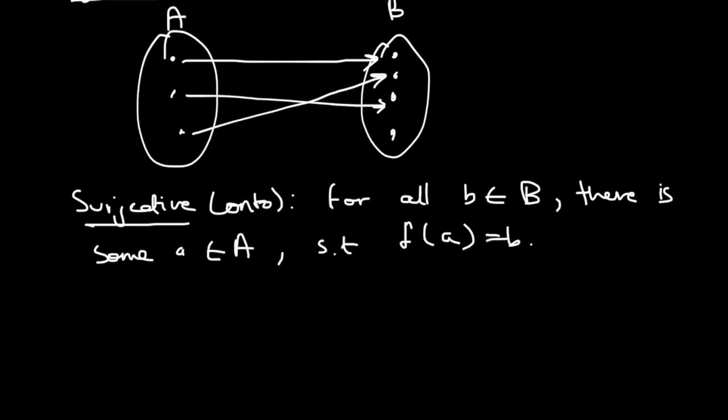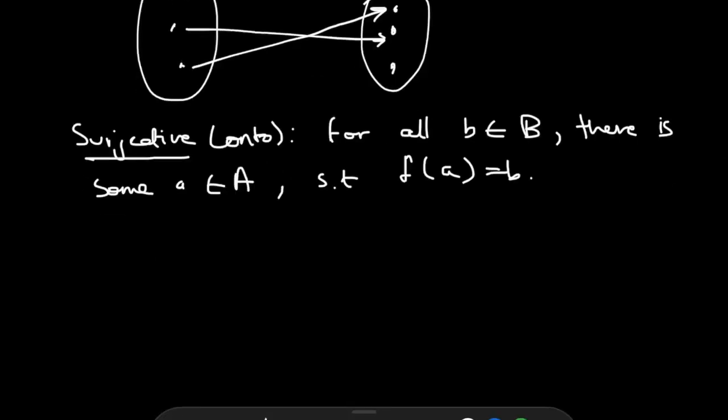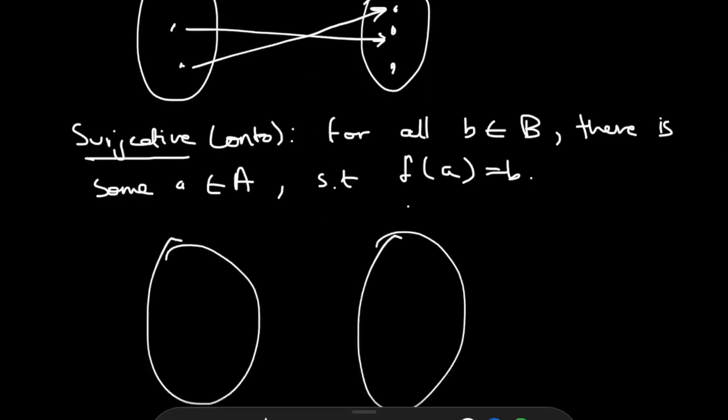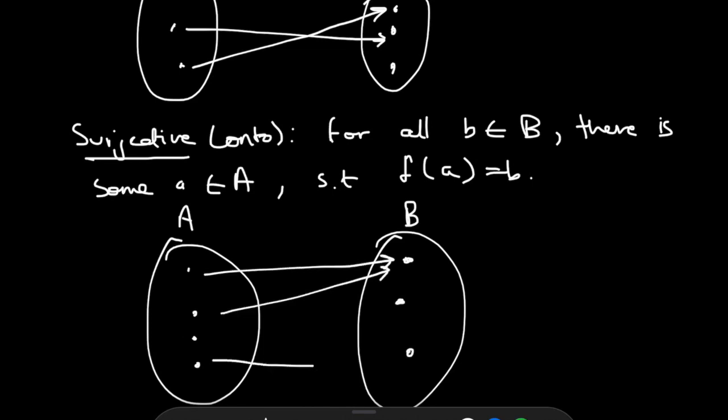So this means that each element of the set B needs to be mapped by some element in the set A, and that is the only restriction. More than two elements of the set A can map to the same element of B, as long as all elements of B are mapped to. So visually this would look something like this. As long as each element of B is being mapped to, then we can call the function surjective.